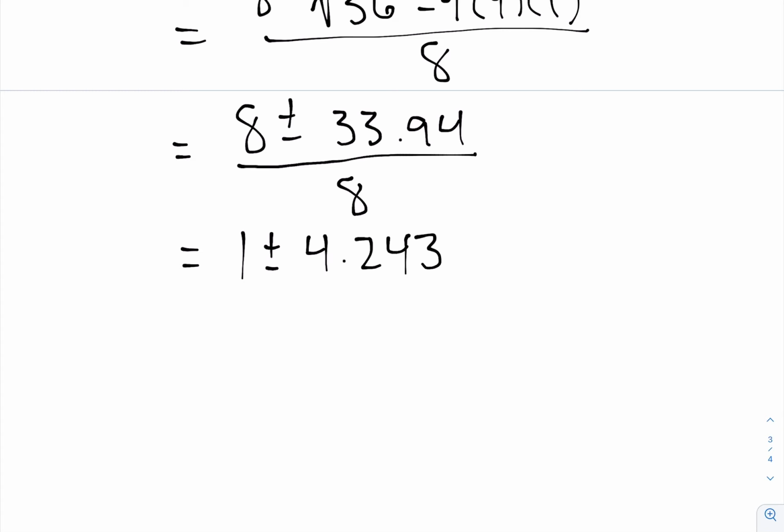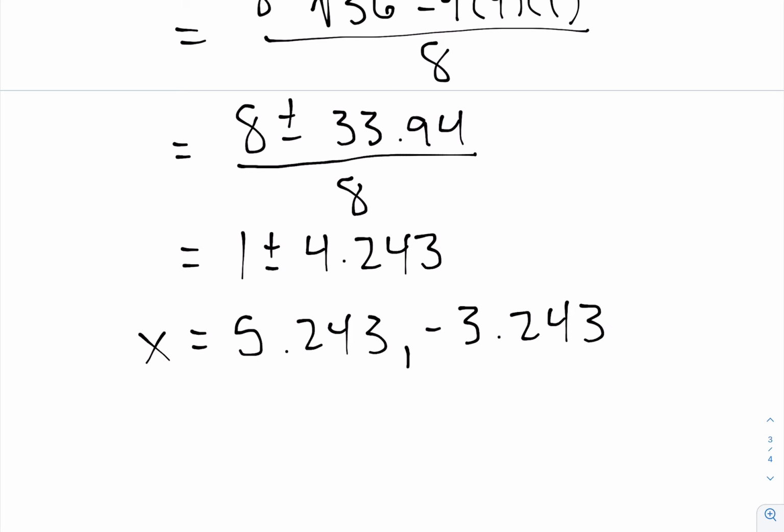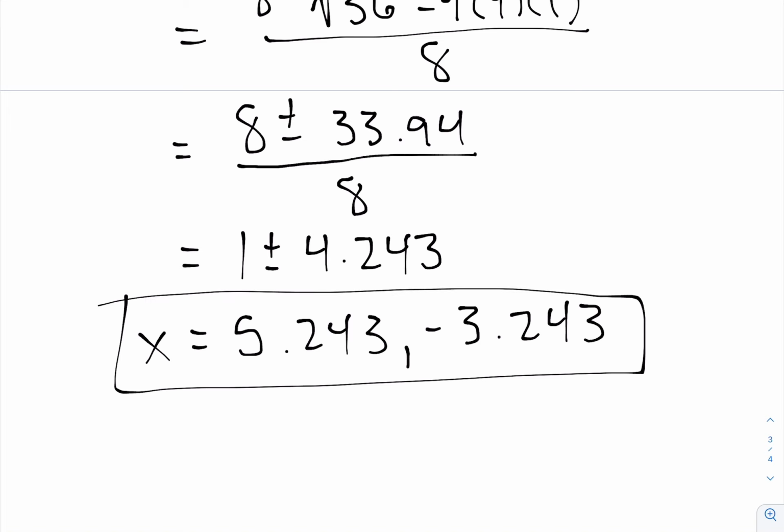So x is going to equal 5.243 if we add it, and if we subtract it, it's going to be -3.243.